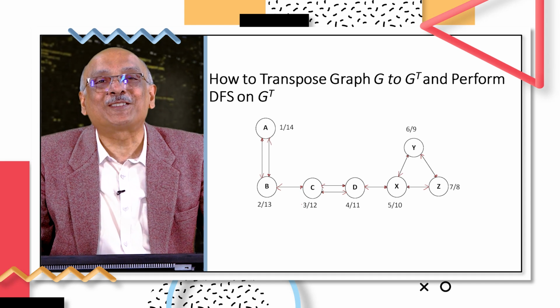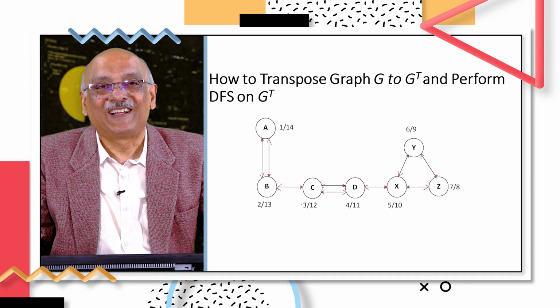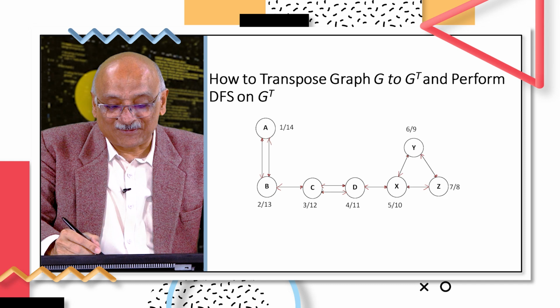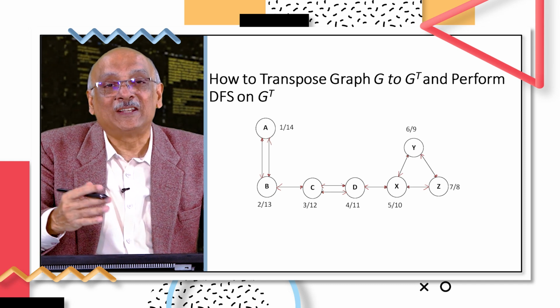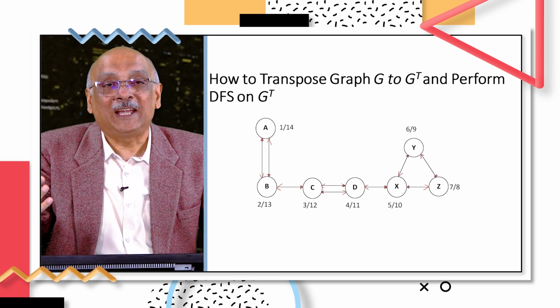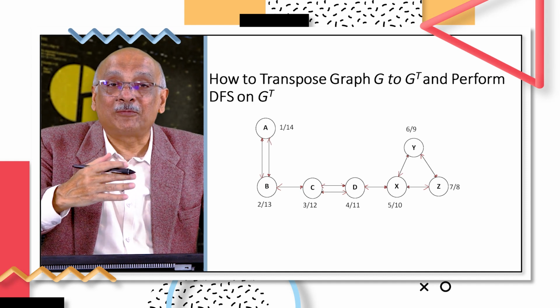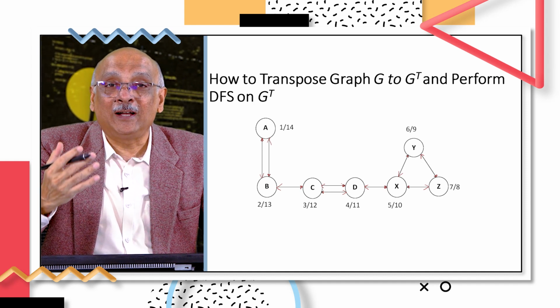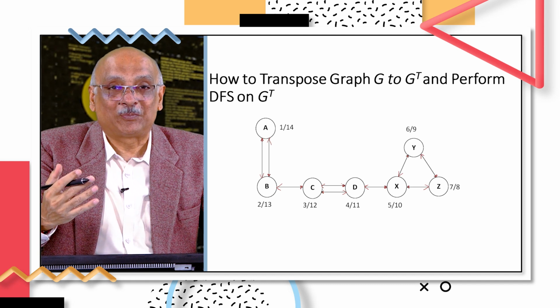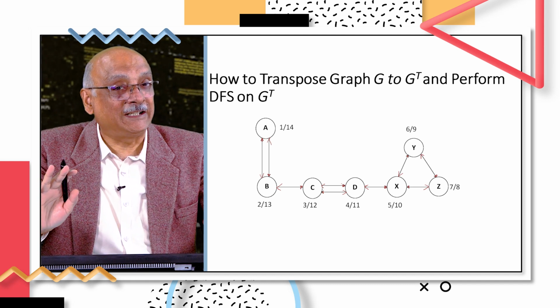This is G transpose, or GT, the transpose of G, because we have reversed the links wherever they were required. So we have got the GT.